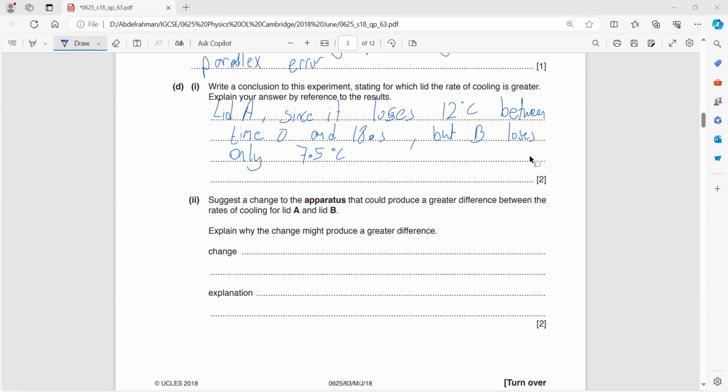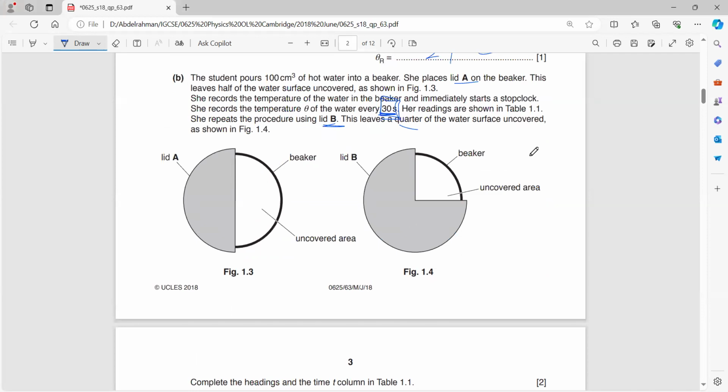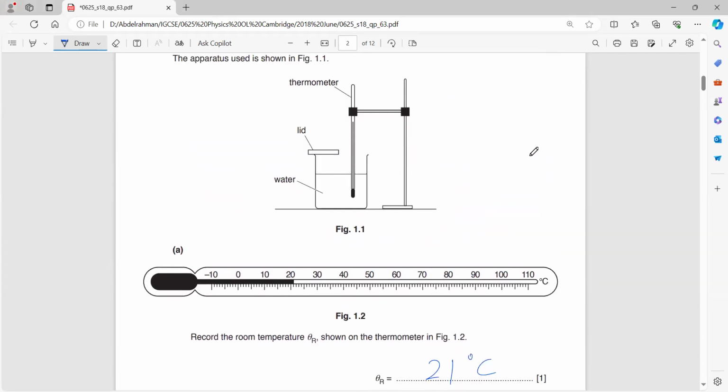We want to change the apparatus, from beaker A. Okay, what should you do? I don't understand, so we will change the apparatus, which is the beaker. I can change whatever. See the setting here, you can change whatever you'd like in this setting to produce a greater rate of cooling.